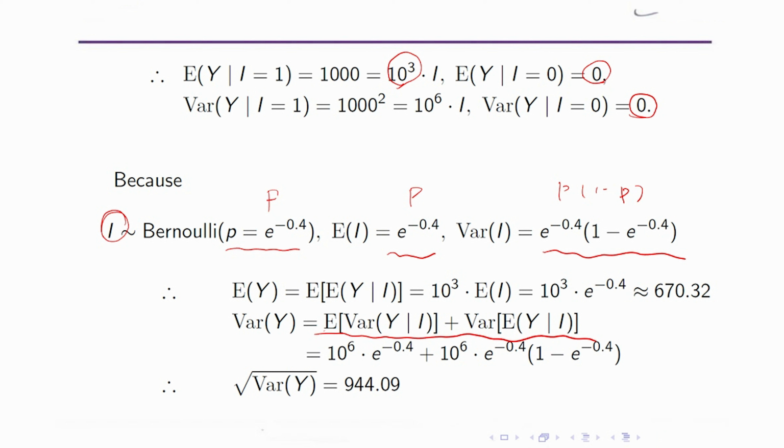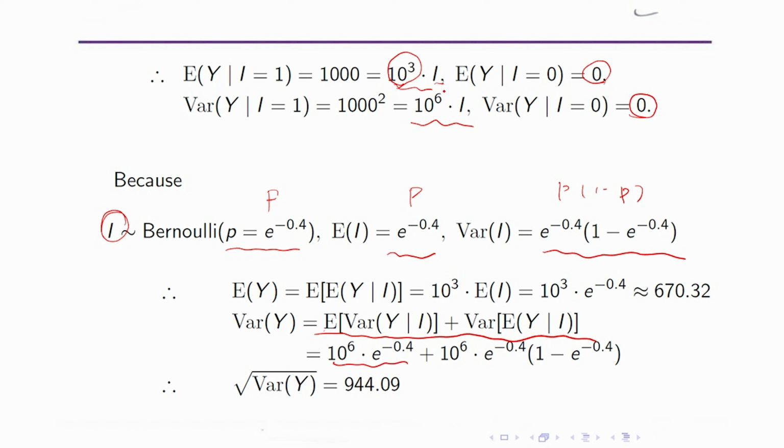The expectation of the conditional variance of Y given I is 10 to the power of 6 times the expectation of I, which is e to the minus 0.4. So we have this. And similarly, the variance of the conditional expectation of Y given I is like this.